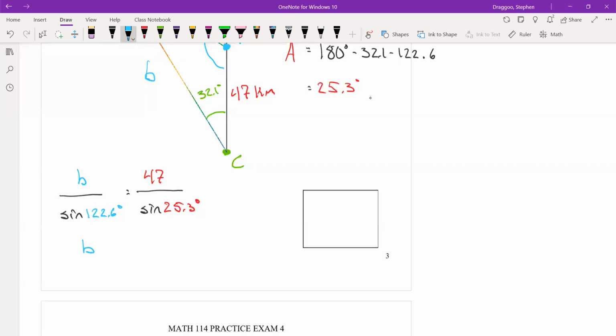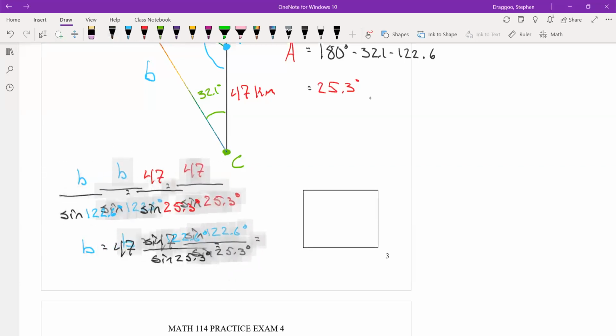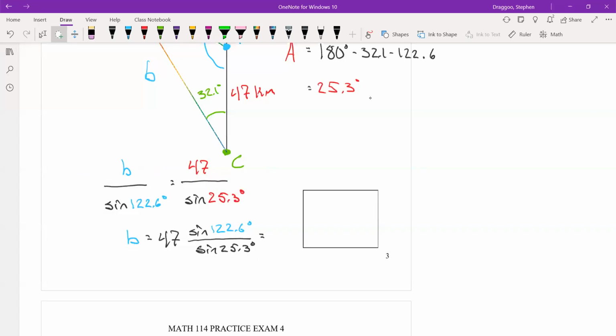So then B itself is 47 times the sine of 122.6 divided by the sine of 25.3, and plug that into a calculator.